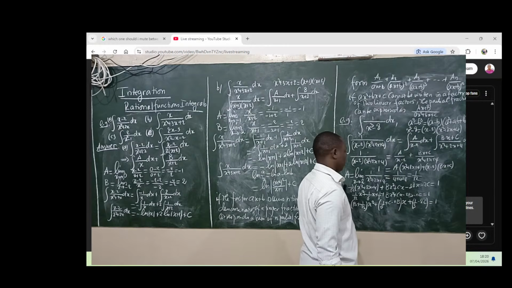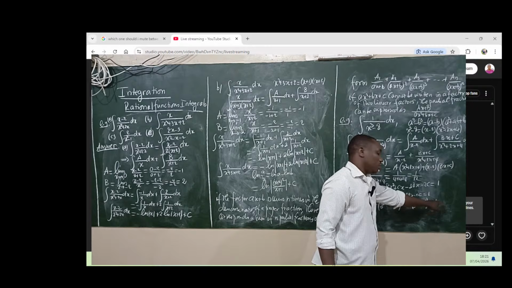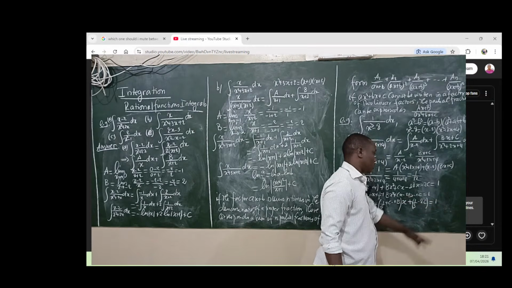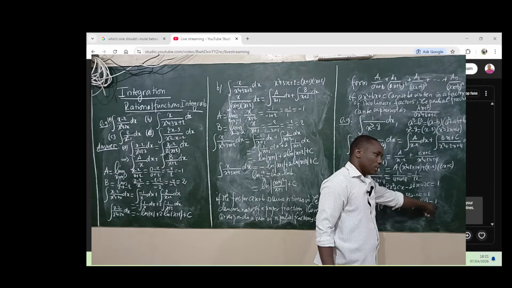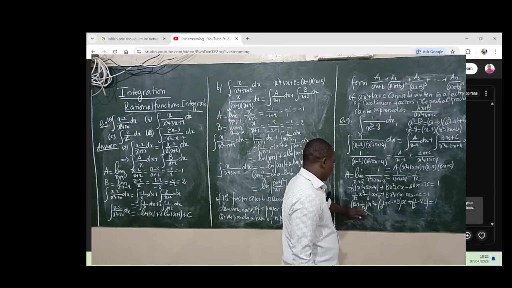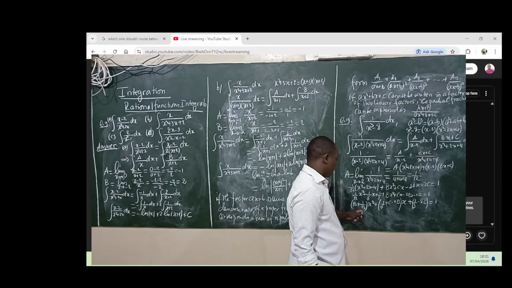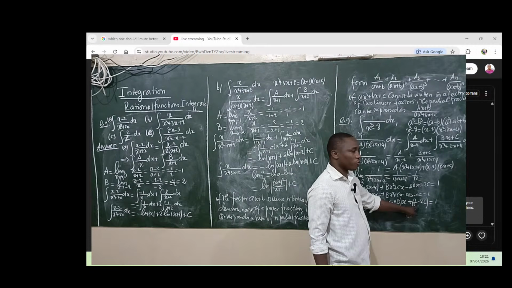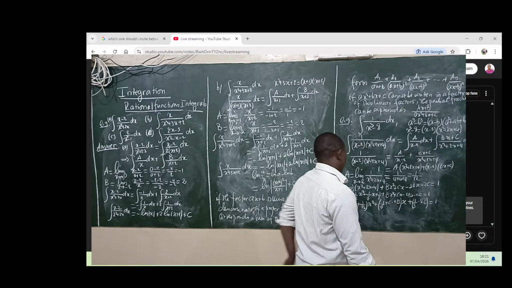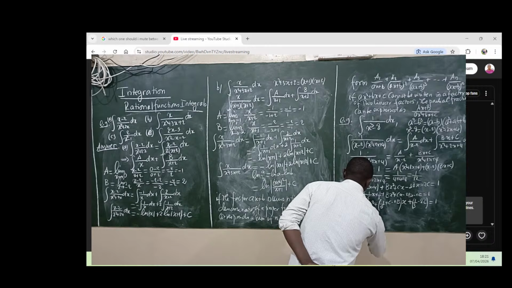Here the term in x is 0. The term in x squared, that is also 0. But the independent term of x is 1. That's why this term is going to be 0, and this one will be 0. Okay. Here we have b plus 1 by 12, this is 0, so b is minus 1 by 12.